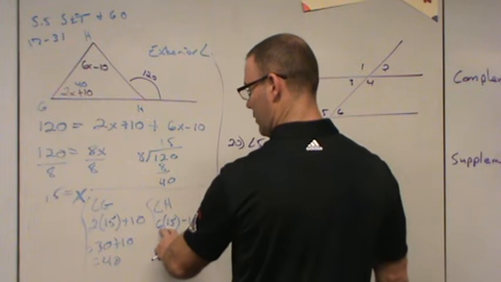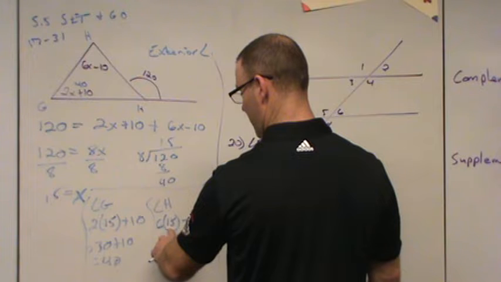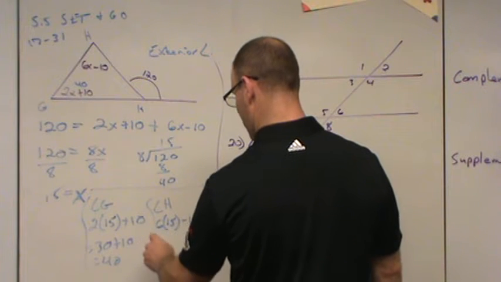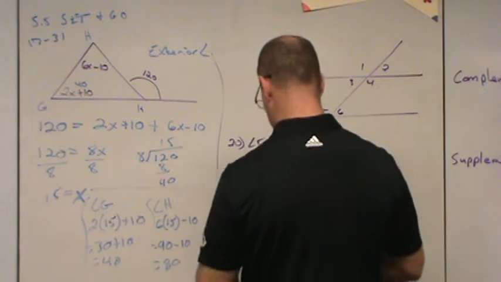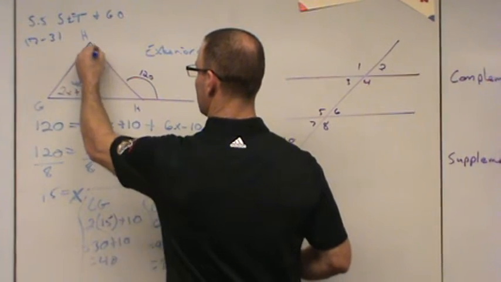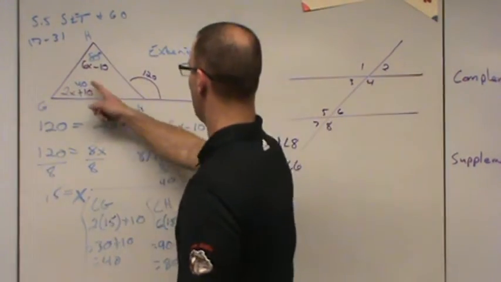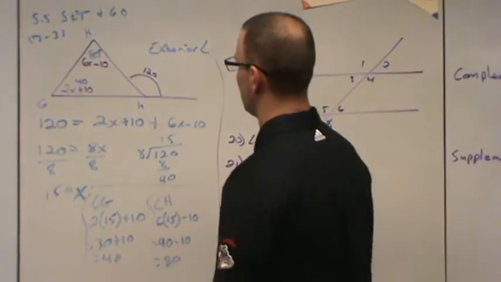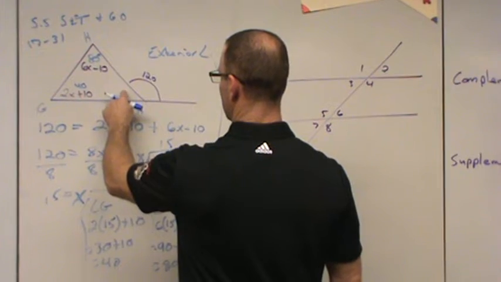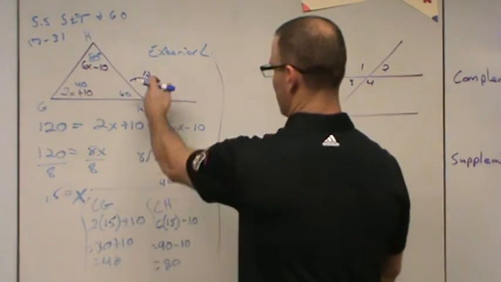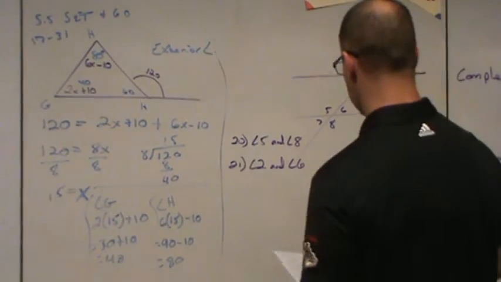Well, gee, 2 times 15 was 30, 3 times 15 should be 45, and if I double 45, 45 and 45 is 90, minus 10 is equal to 80. So this angle up here is 80 degrees, H is 80, G is 40, 80 and 40 is 120, which is exactly what that angle is there. Now, not that it asked me, but I could find this one, 60 degrees, because 120 plus 60 has to be equal to 180.